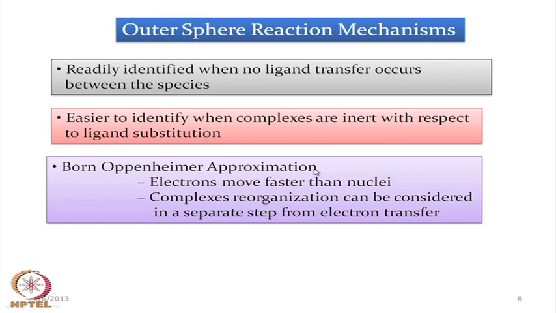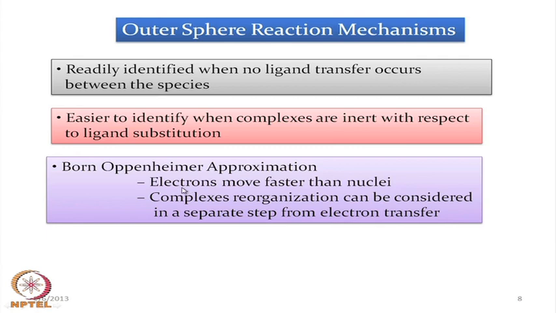In this particular case the Born-Oppenheimer approximation is applicable, because the electrons are moving at a faster rate than the nuclei, so the nuclei cannot readjust themselves nicely. By that time the electron transfer takes place in a very fast way.